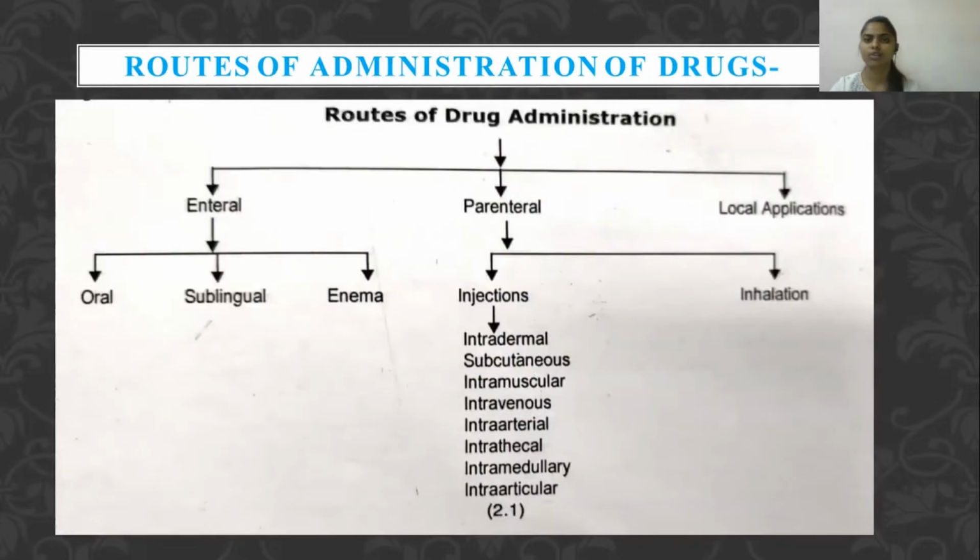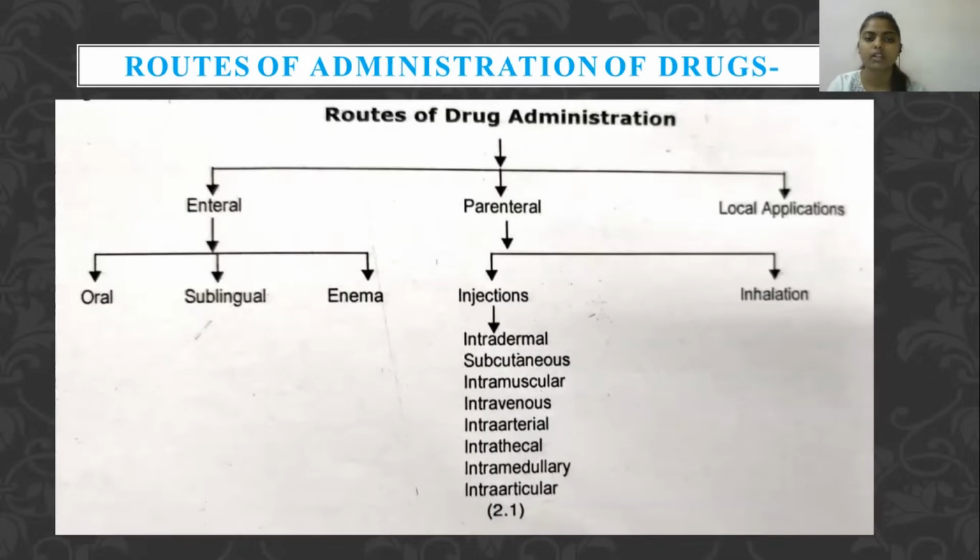So this is the flowchart of routes of administration. The routes are divided into three main routes: enteral, parenteral and local application. Enteral is again subdivided into oral, sublingual and enema.